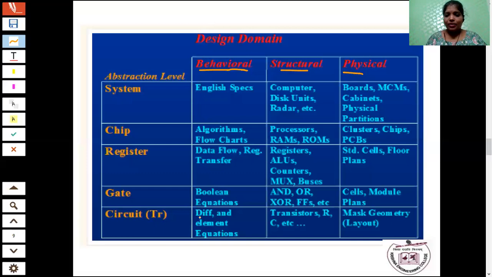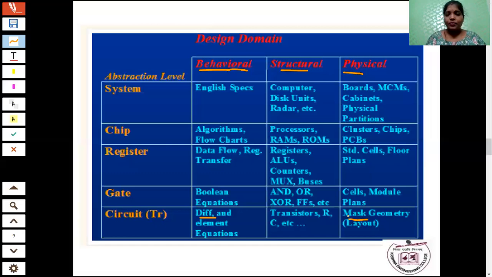In a behavioral domain, we are going to represent with the help of differential and elemental equations. In the structural domain, we are going to mention what resistors, transistors, capacitance we are using in the transistor level. And in the physical domain, we are going to mention the mask geometry, that is the layout.